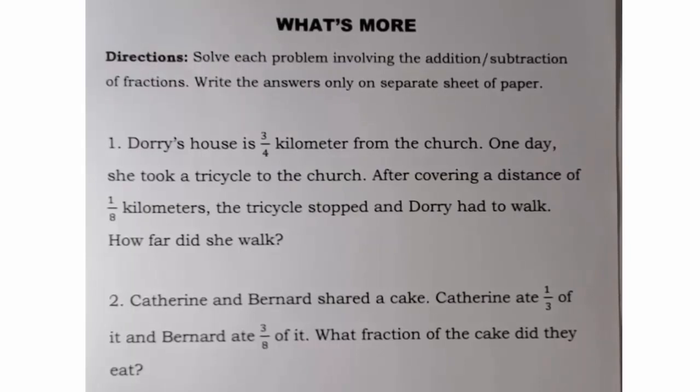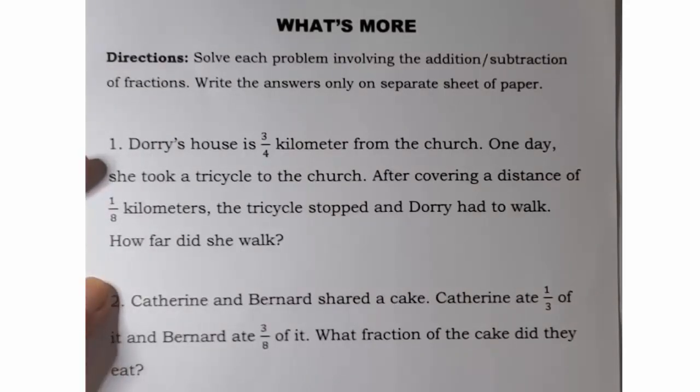To those who find these problems difficult, I want to help you with some clues in order for you to solve this problem. So in problem number 1, Doris' house is 3/4 kilometers from the church. One day, she took a tricycle to the church. After covering a distance of 1/8 kilometers, the tricycle stopped and Dory had to walk. How far did she walk?